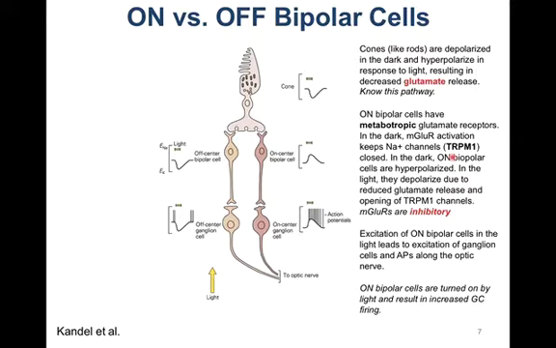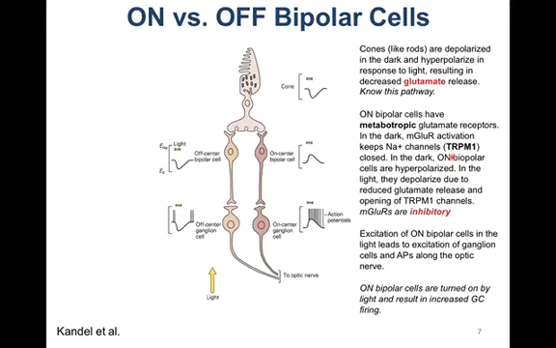So in the dark, metabotropic glutamate receptors are active, and TRPM1 channels are therefore inhibited. TRPM1 channels are closed, meaning there is no depolarizing current through those channels, and therefore on bipolar cells are hyperpolarized in the dark.